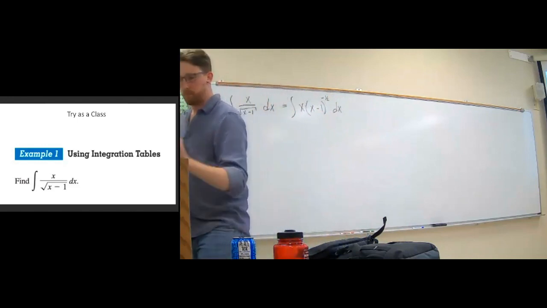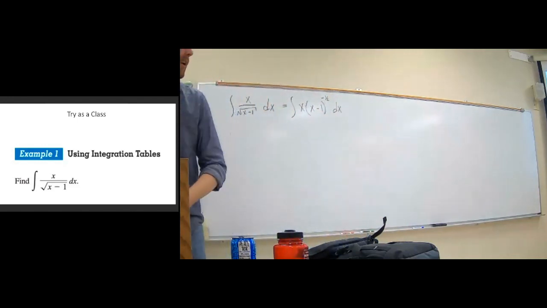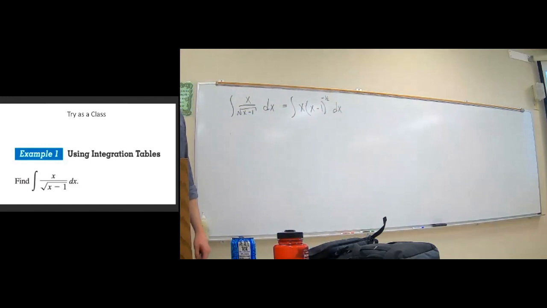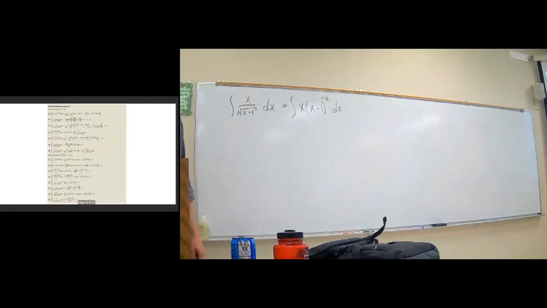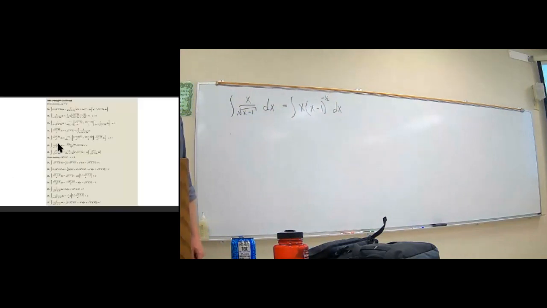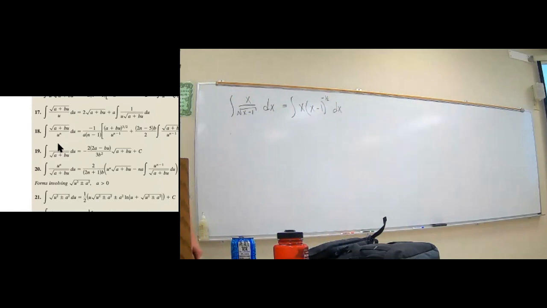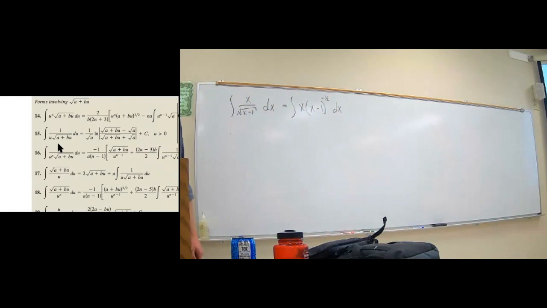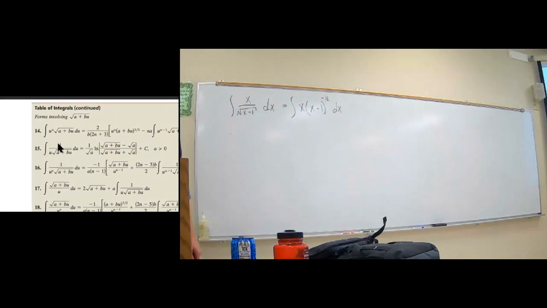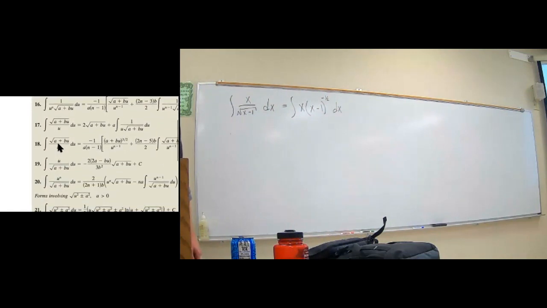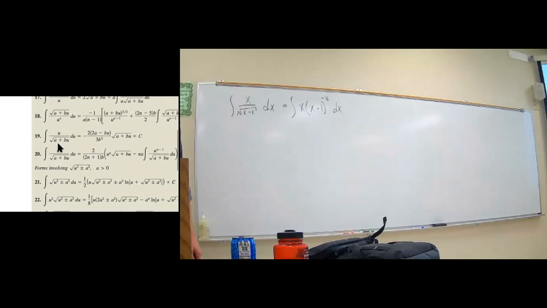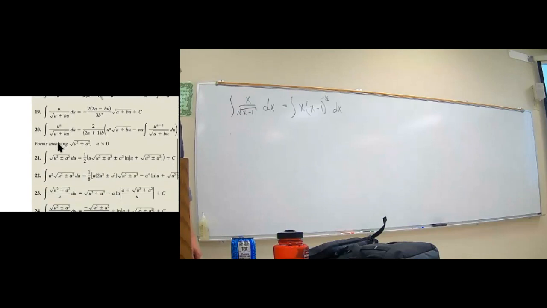All right. Now, I don't like that. It's ugly. I want to do this by hand? Ain't nobody got time for that. But I do have a table of integrations that I might be able to use. So let's go through this table of integrations and see if one jumps out at us that looks kind of like what we're looking at.